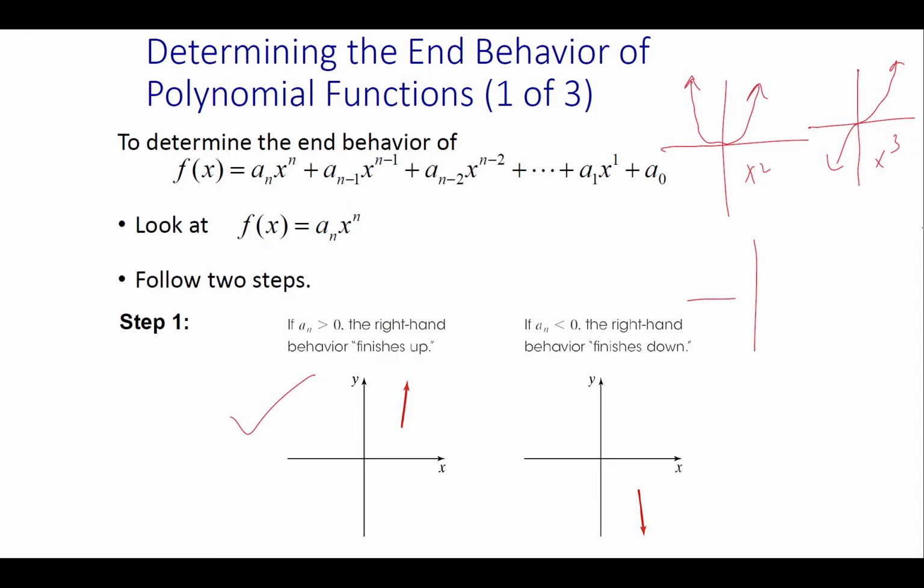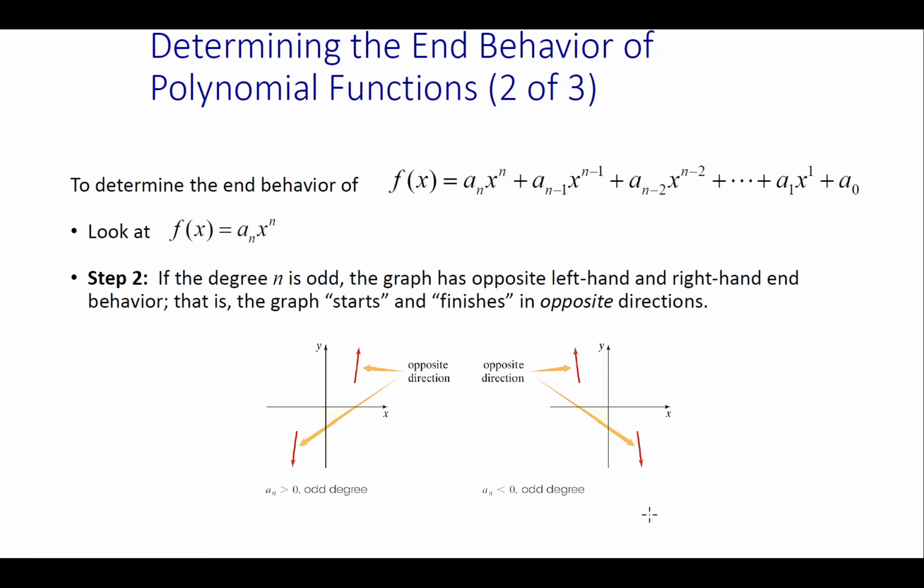But if you look at the graph of negative x squared, then you can see that the right hand side is going down. The same thing happens for negative x cubed. This is the graph for negative x cubed. For both negative cases, the right hand side is going down. So if a_n is positive, the end behavior for the right hand side would be positive. If a_n is negative, the end behavior for the right hand side would be negative.